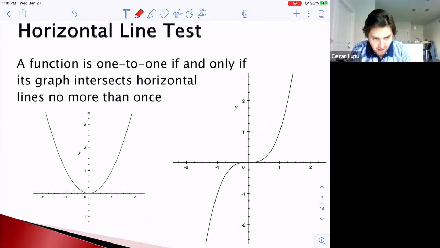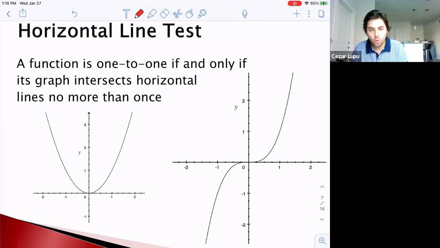Again, as you can see, I have the graph of the parabola. This will give you a way to test if a function is 1-to-1 or not. The horizontal line test reads as follows.